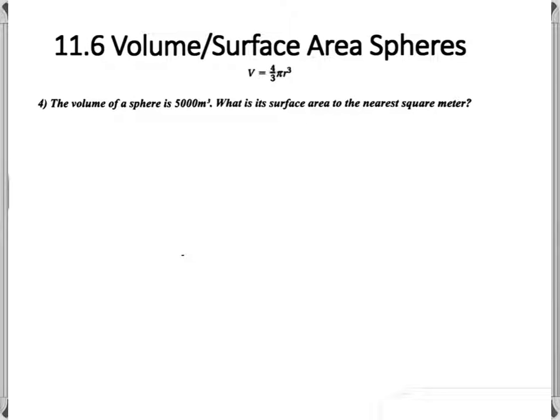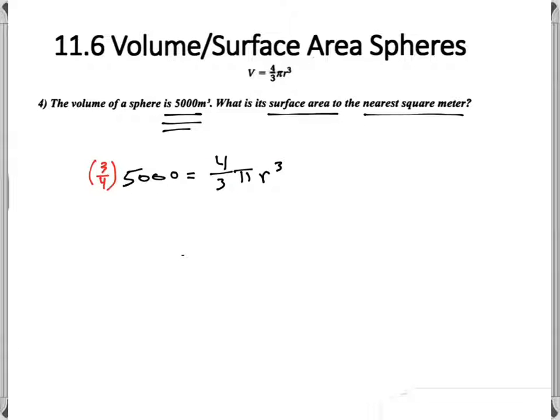Question 4 has us working backwards. They give us the volume as 5,000 meters cubed. They want to know what the surface area is to the nearest square meter. This means we first have to calculate what the radius is. So for this problem, we're going to take 5,000, our volume, and set equal to our volume formula, 4/3 pi r cubed. So now the first thing we want to do is get rid of the 4/3, and in order to do that, I'm going to multiply by the reciprocal, 3/4 on both sides.